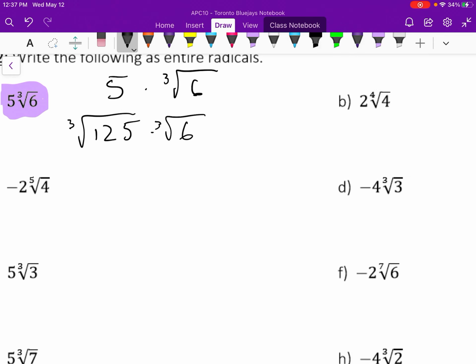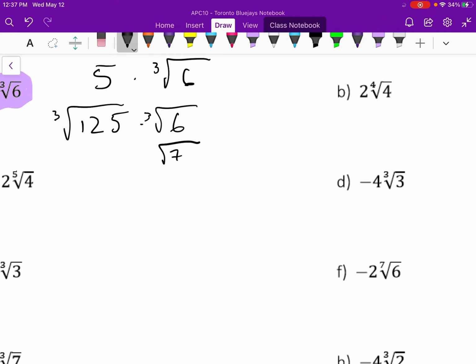Now, that is equal to the cube root of 125 times 6, all under one radical sign. 125 times 6 is 750.